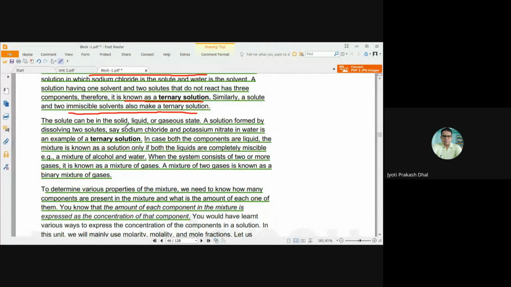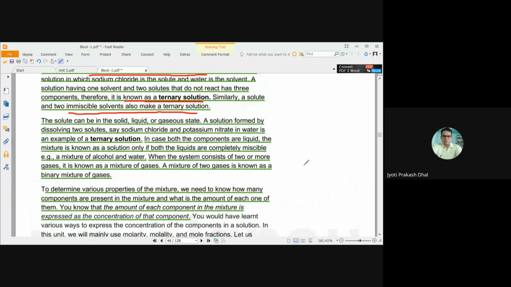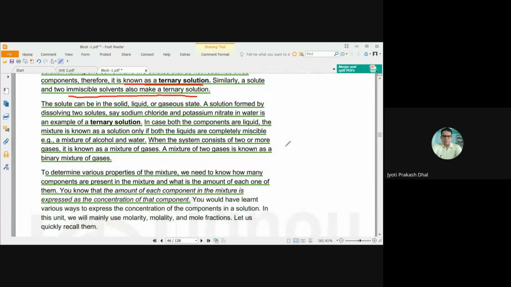A solution formed by dissolving two solutes, for example sodium chloride and potassium nitrate in water, is one example of a ternary solution. In case both the components are liquid, the mixture is known as a solution only if both the liquids are completely miscible. So that means here we will change the composition, and the system should contain more than one component.